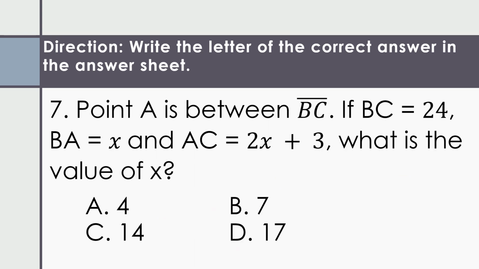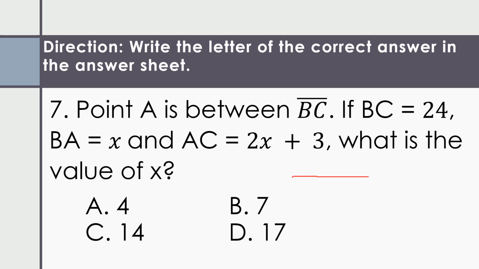Get it? Next, we have number 7. Point A is between B and C, or segment BC. If BC is 24 and BA is x and AC is 2x plus 3, what is the value of x?